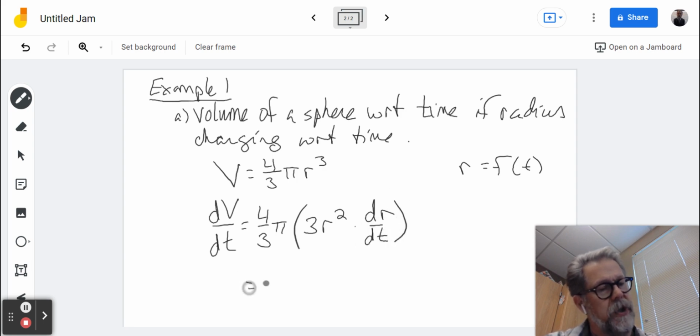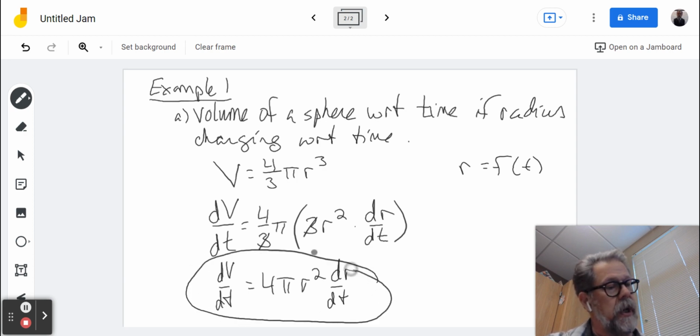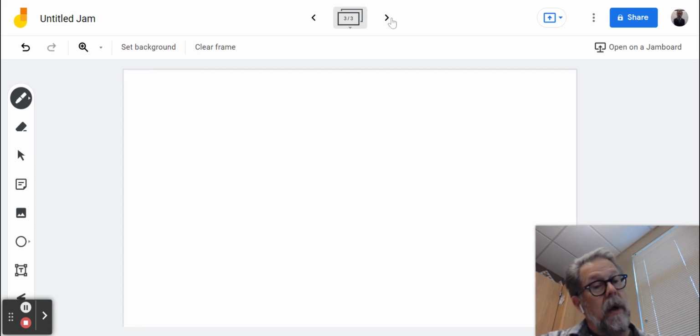Doing a little simplification, I get 4 pi r squared times the rate of change of r with respect to time. And I now know how the volume is changing relative to the radius changing, relative to an increasing or decreasing radius.